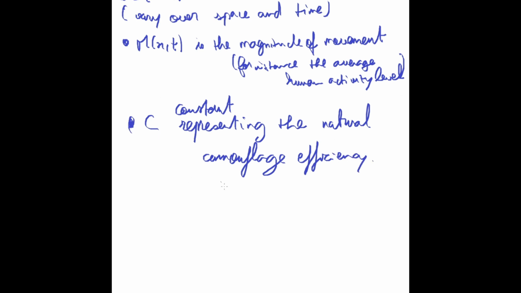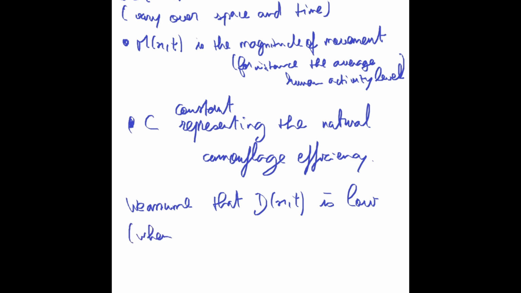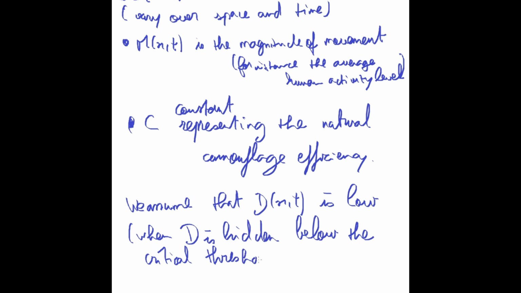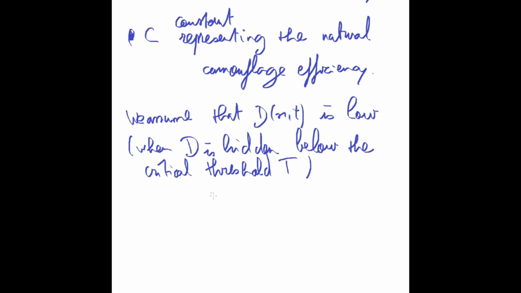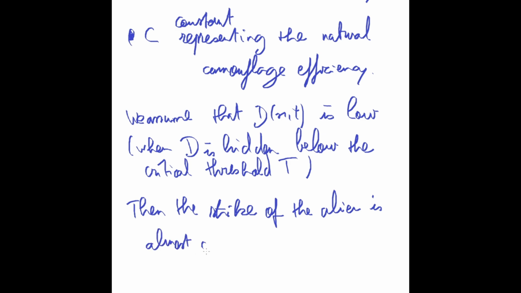We assume that d(x,t) is low, that is to say when d is hidden below the critical threshold T. The strike of the alien is almost certain.